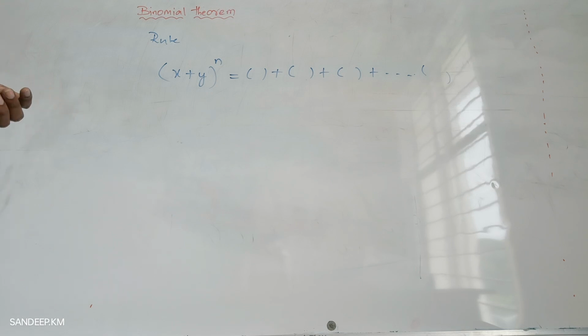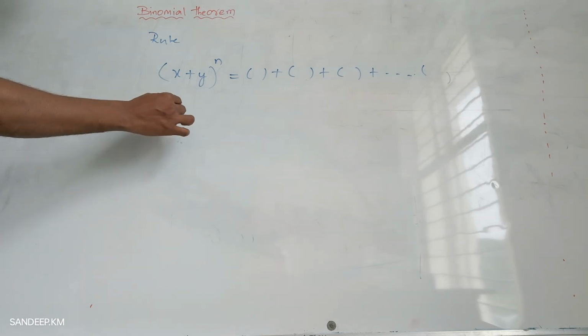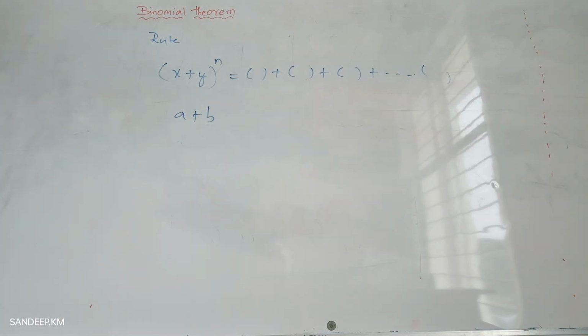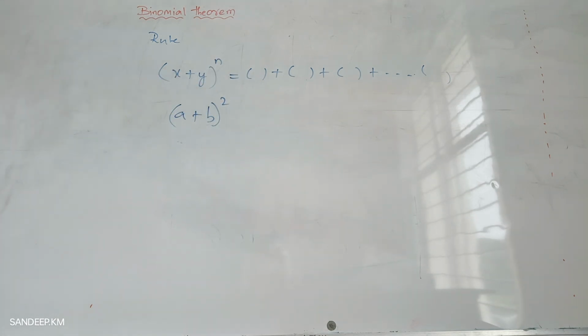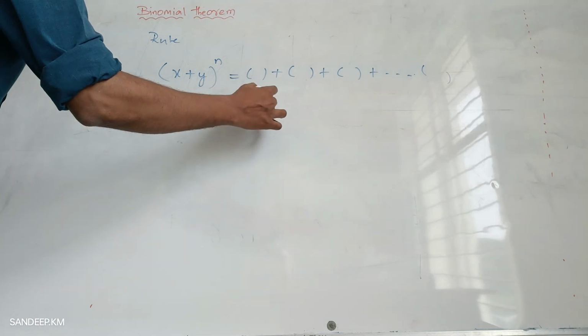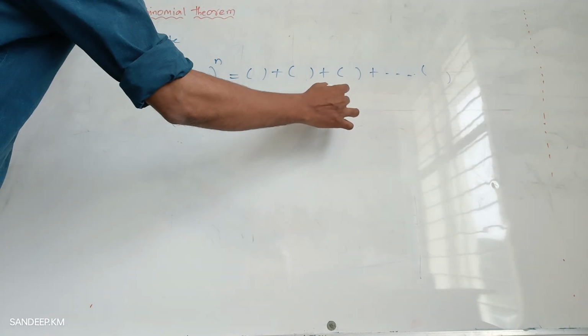Now if you are already familiar with some basic binomial expansions in your previous classes, maybe from 6th standard or even before that, you know what is a plus b. It is a binomial, it contains two terms. a plus b whole square is a binomial expansion, and all of you know what is a plus b whole square. It is a square plus 2ab plus b square.